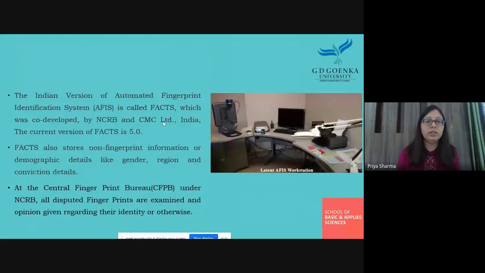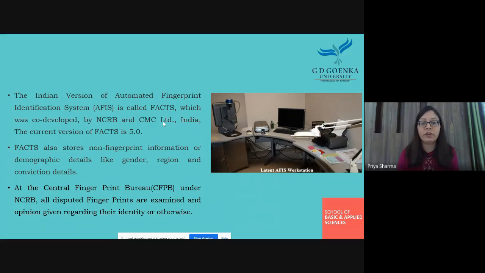In India, the Indian version of AFIS is FACTS, which is co-developed by the National Crime Records Bureau. They also store non-fingerprint information with the fingerprint data, like gender, region, or whether the person has any previous conviction. So this is the automated fingerprint identification system used in India.